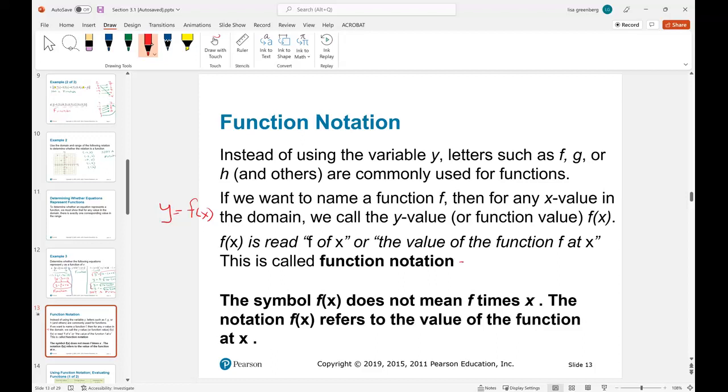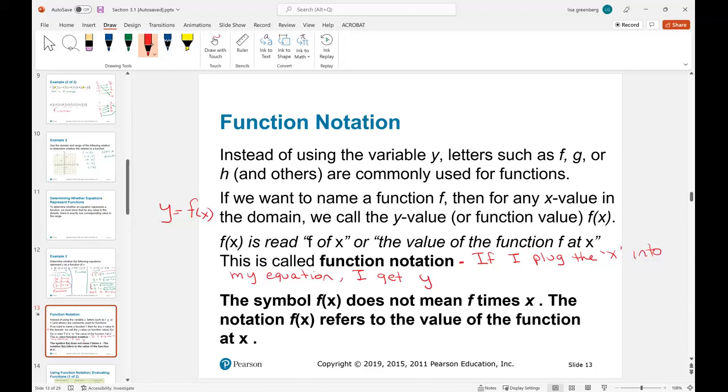And let me add here, basically what this means is, if I plug the X into my equation, I get Y, right?